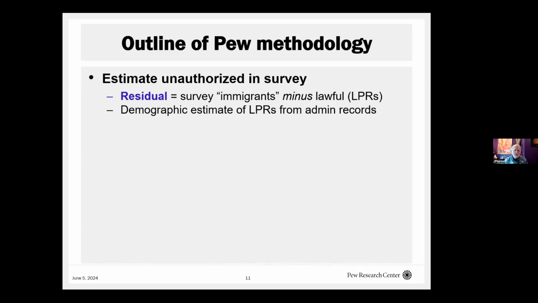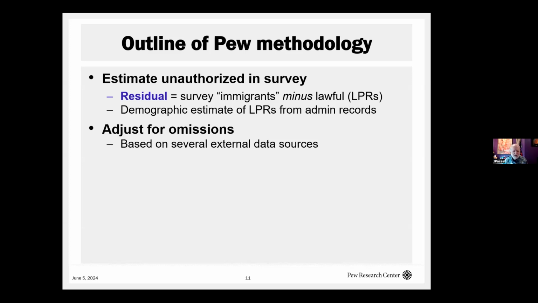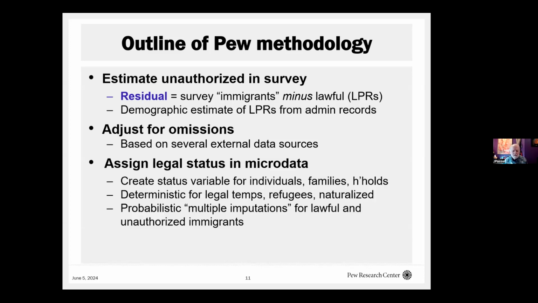So what we do is we make this residual estimate, which is basically the survey data minus an estimate of lawful immigrants, which we build up from administrative data. We make adjustments for undercount. We then go into the microdata and assign legal status to individuals. We create a number of different legal statuses. We use a probabilistic multiple imputation model, and I use that term loosely.